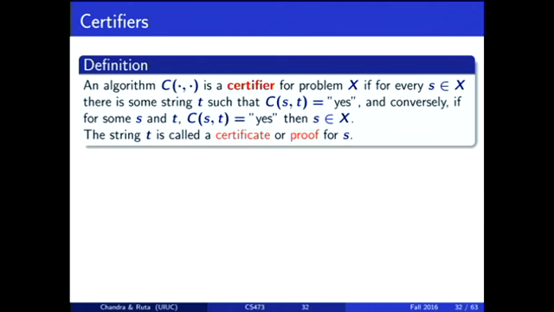Think SAT. What is your verifier? Your verifier is simply going to take an assignment and check that each clause is satisfied by that assignment, right? So for SAT, ideally what would we like? We would like an algorithm which, given a formula, efficiently says yes or no. Well, we don't know if such a thing exists or not.